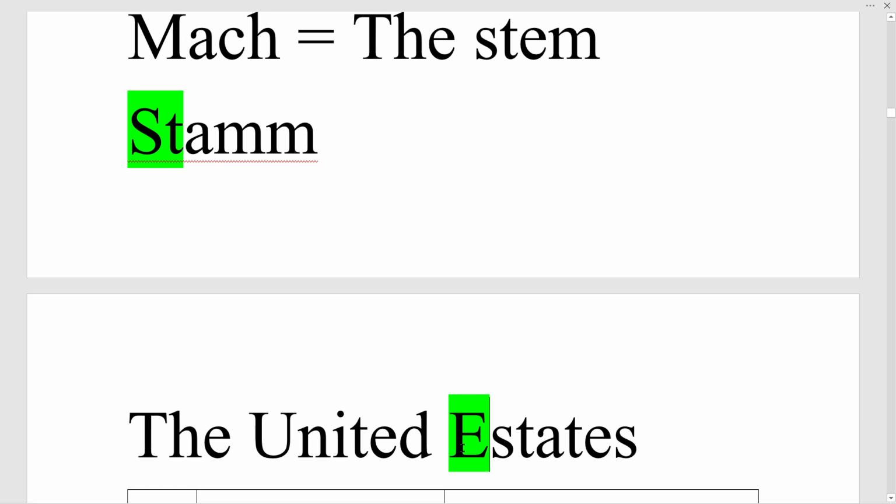This mustn't be done. This is a mistake. What we need to say instead is "the United States".